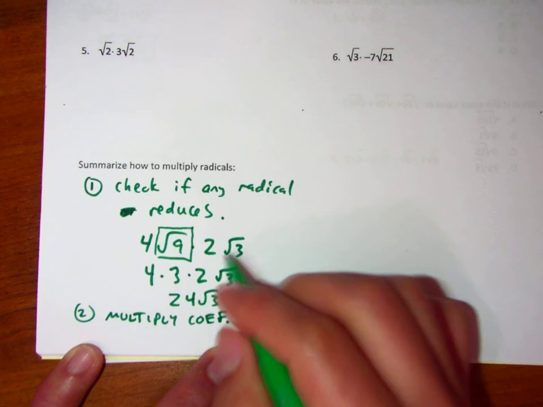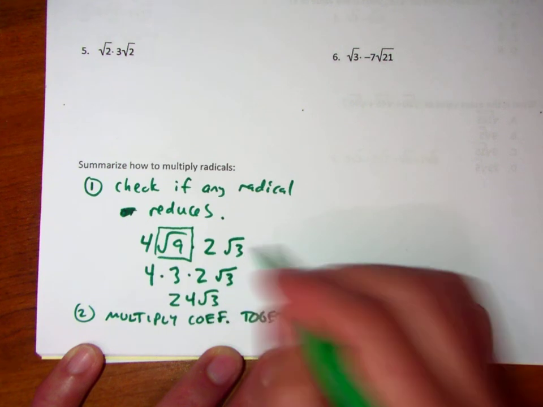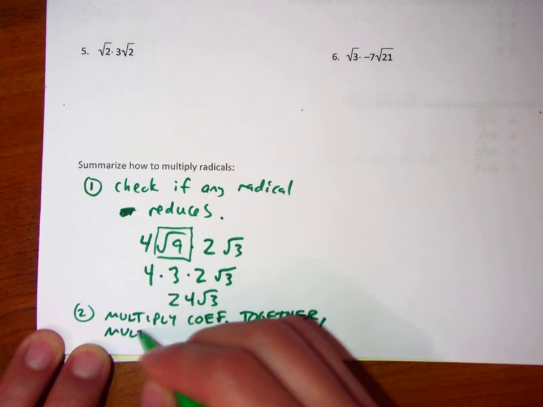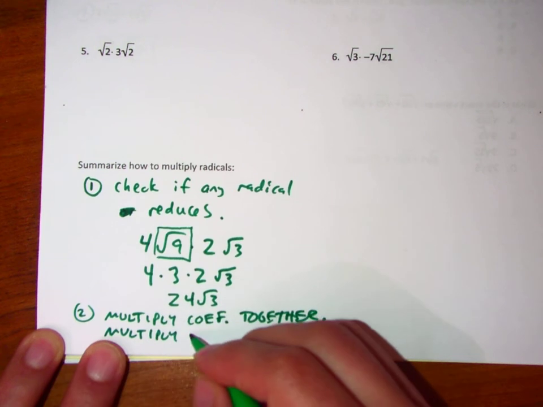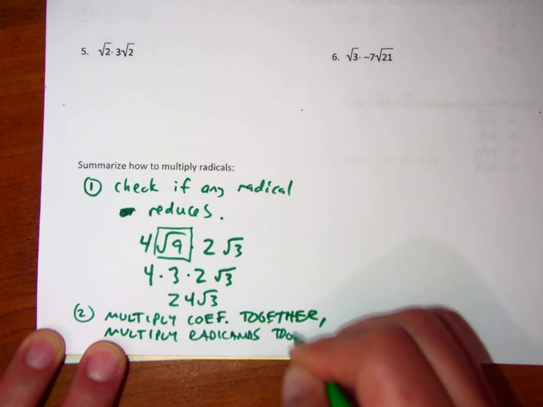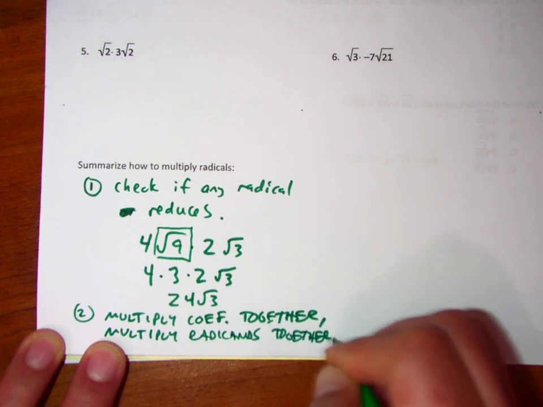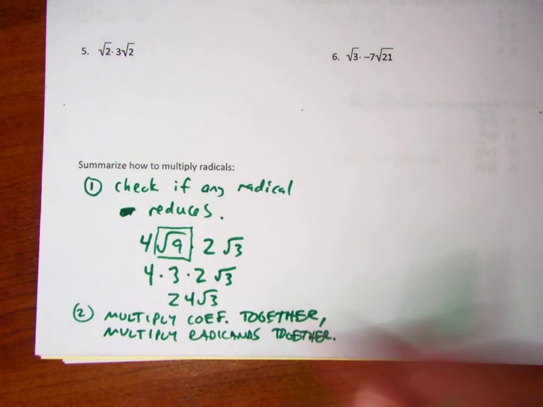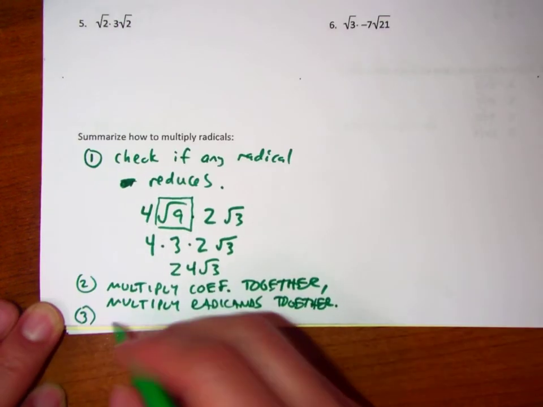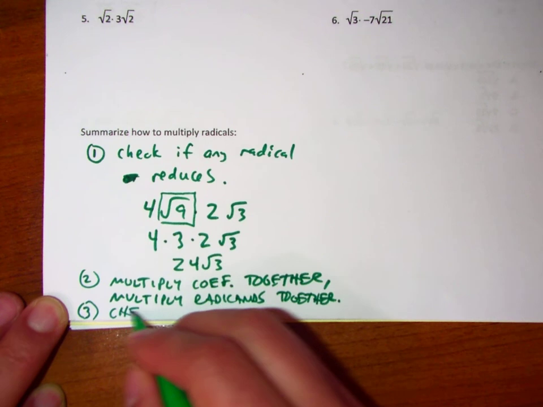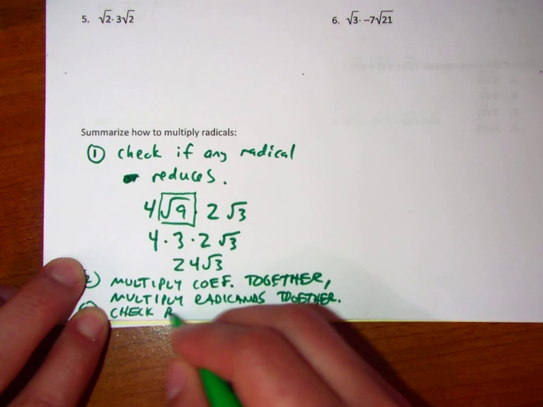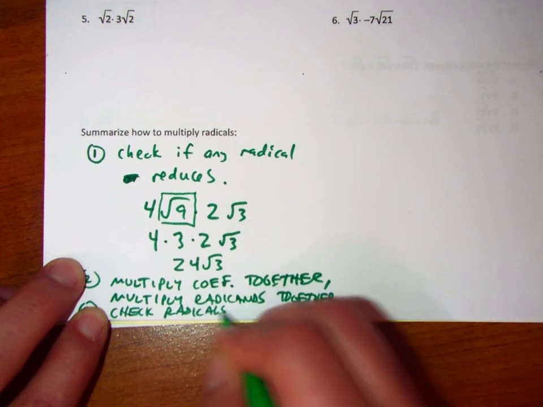And if you still have other radicals, like let's say root 3 and root 5, then you can also multiply the radicands together. And then there is one final step, and that is check radicals for reducing.